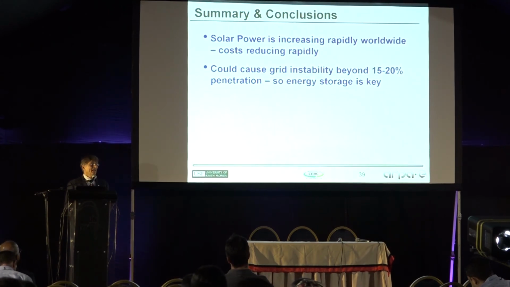However, as it continues to increase, when the penetration goes to about 15% to 20%, there will be grid instability unless we put storage in the picture. Okay? And so storage is the key for large-scale penetration of solar power.